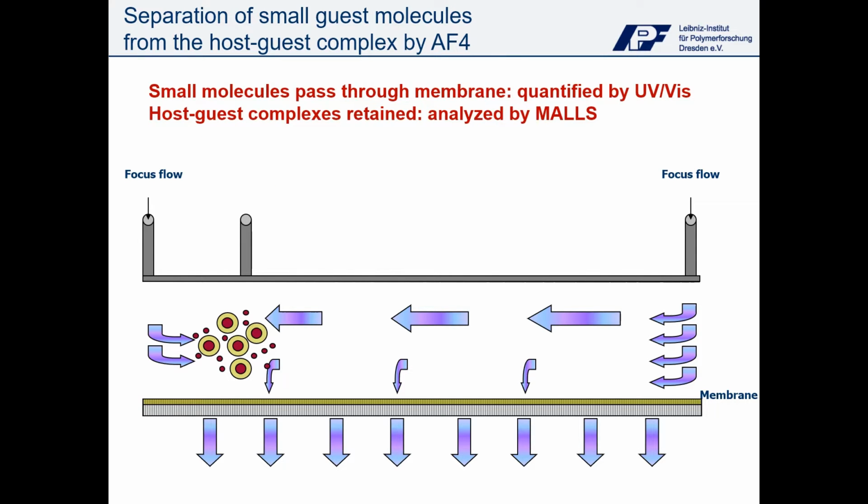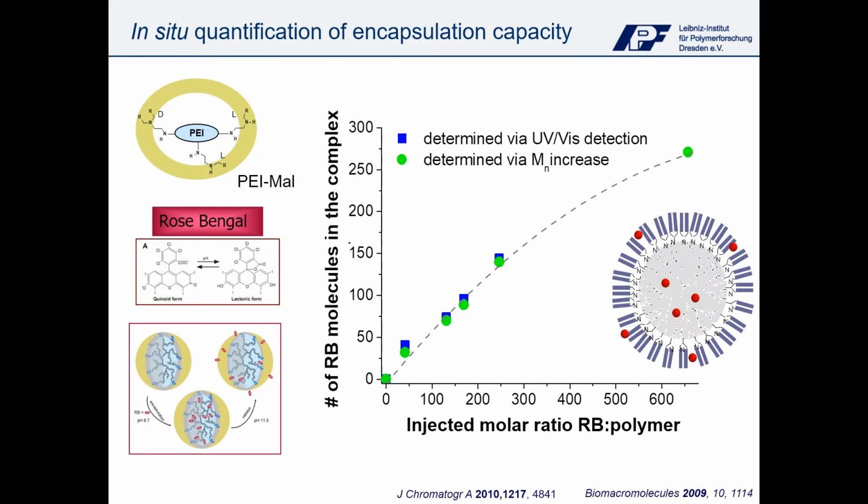The first detection method was to obtain information about the Rose Bengal molecules which are penetrating the membrane during the focusing flow, as the residual Rose Bengal which are not complexed within the dendrimers. And the second way was to use the increase of the molar mass in the complexes in order to calculate the encapsulated Rose Bengal molecules using the mass detection.